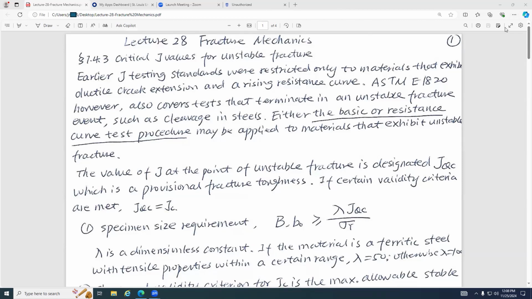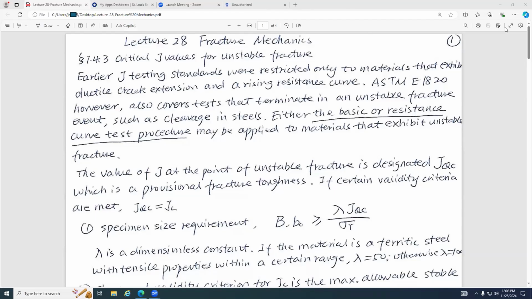Today we talk about calculating J and how to calculate J for the unstable fracture. Last time we talked about stable fracture. Today we talk about unstable fracture. What is unstable fracture?